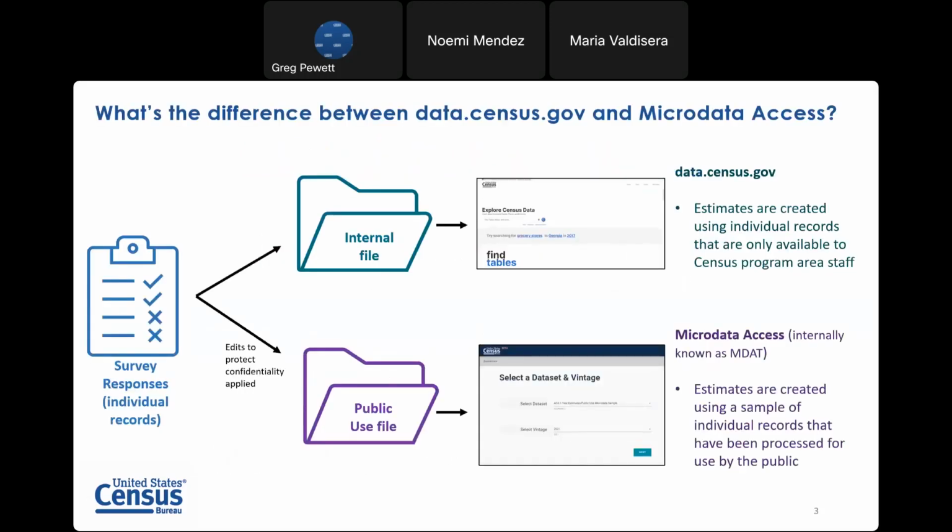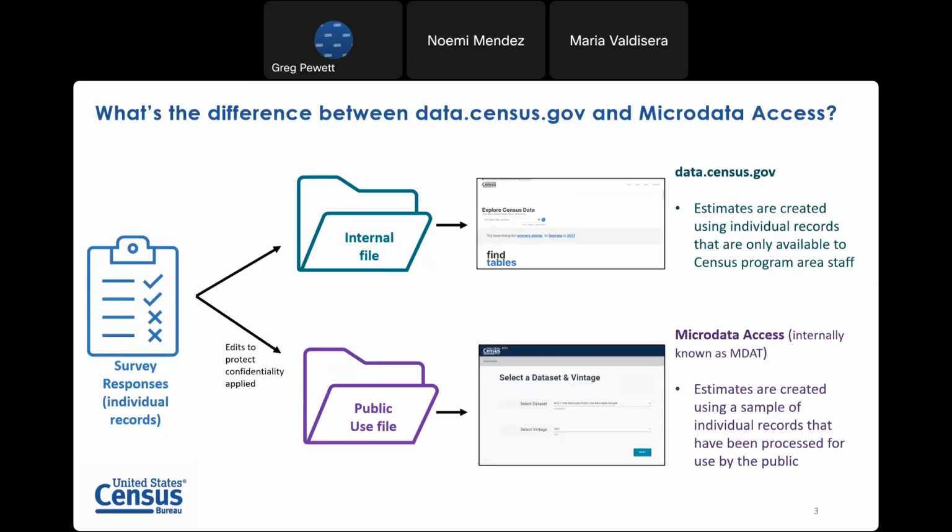So continuing on with the differences between data.census.gov and Microdata Access, they are both pulling from survey responses, which are individual records, whereas the data.census.gov files are estimates that are created using those individual records that are only available to Census Program Area staff.